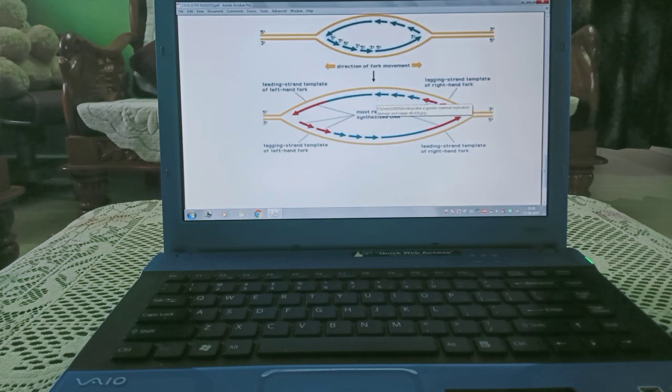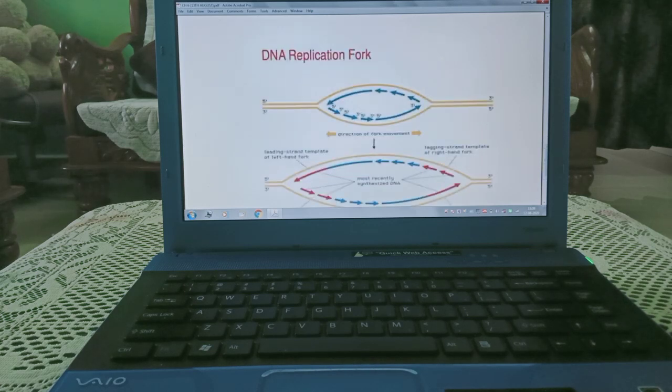This is the direction of fork movement, and this is the most recently synthesized DNA. The way characters will be written, or the script will be written on the DNA, according to that the newly synthesized DNA will come in the coming offspring.